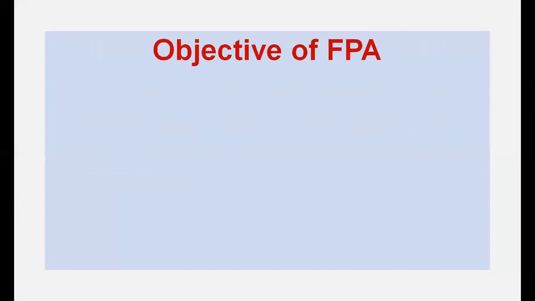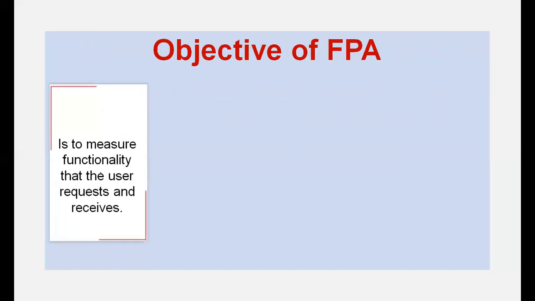Now coming to the objectives of FPA. The first objective of FPA is to measure the functionality that the user requests and receives. The second objective is to measure software development and maintenance independently of the technology used for implementation.